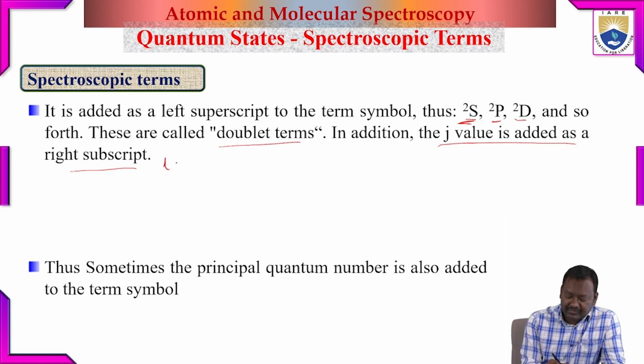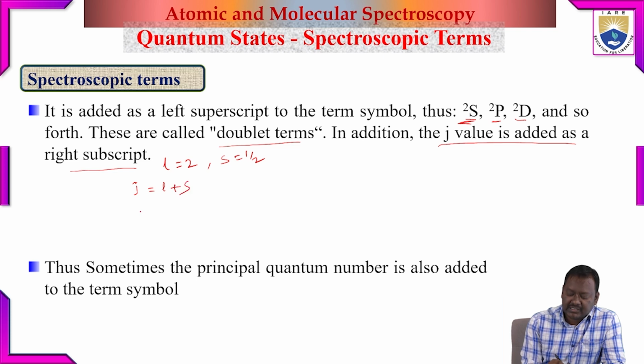For example, if we consider L value 2 for any single electron atom, then S value is 1 by 2. Then the J value for this particular state of the electron must have two values.